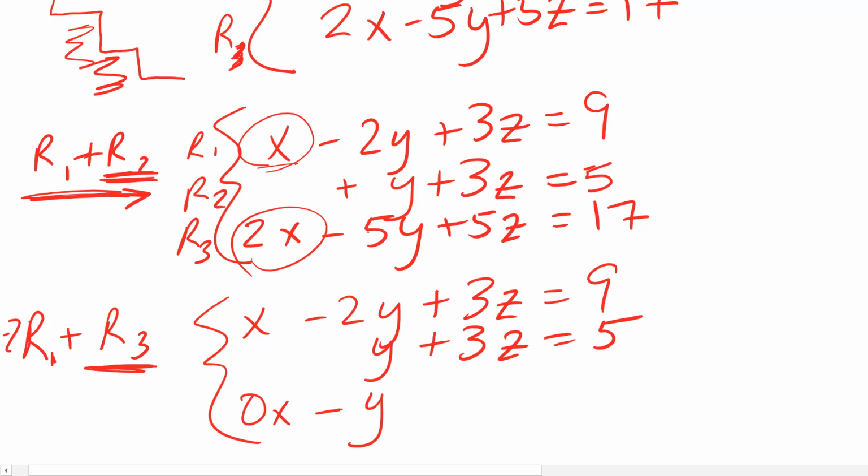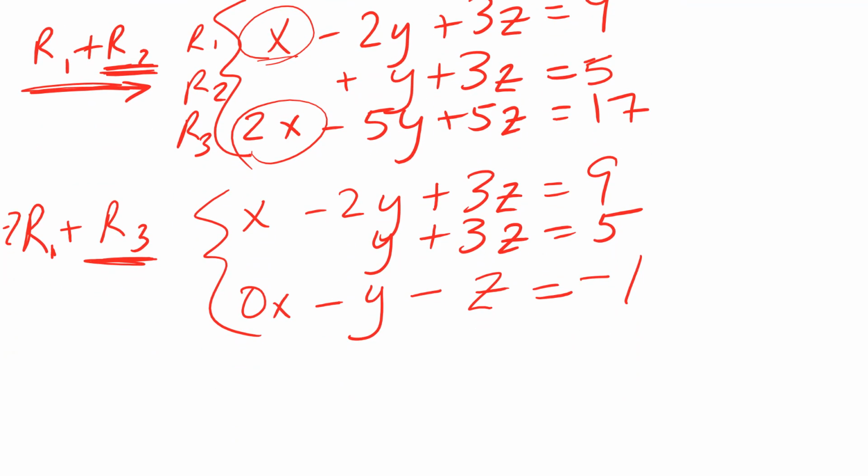Then we've got negative 2 times 3z, that's negative 6z, plus 5z is going to give me negative z. And then 9 times negative 2 is negative 18, plus 17 is negative 1. Okay? So we multiplied that first equation by negative 2, added it to the third equation, and this is our new third equation, negative y minus z equals negative 1.